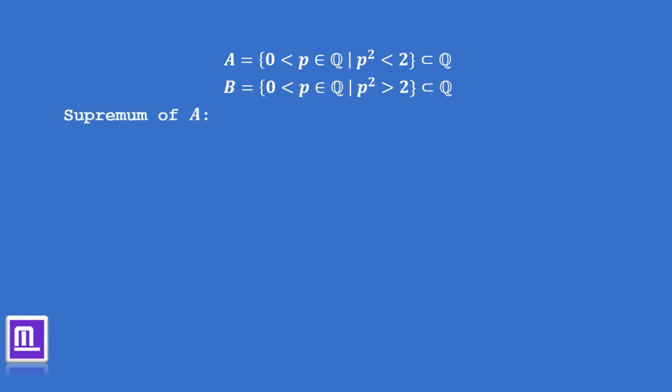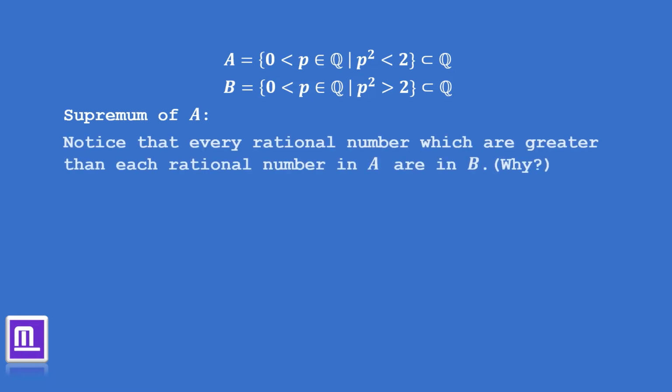Let us try to understand the supremum of A. One thing you should notice is that every rational number in B is greater than every element of A, and whatever rational numbers are greater than every element of A are all in B. A does not have a greatest element, and we don't have a rational number whose square is equal to 2.